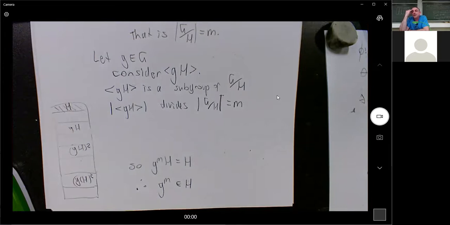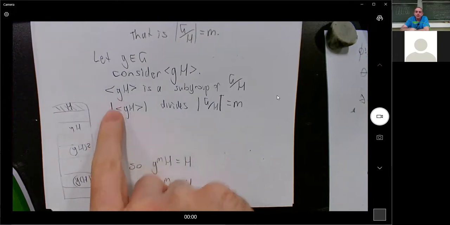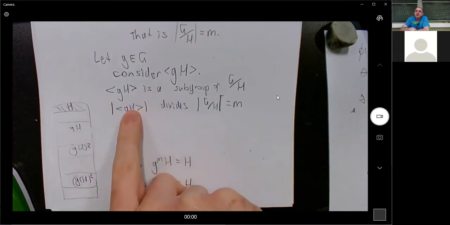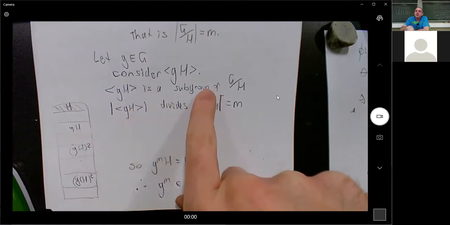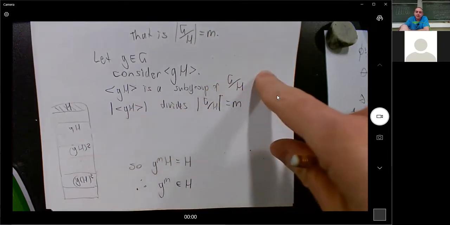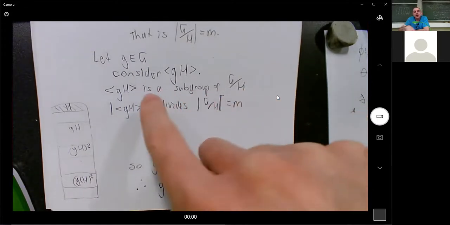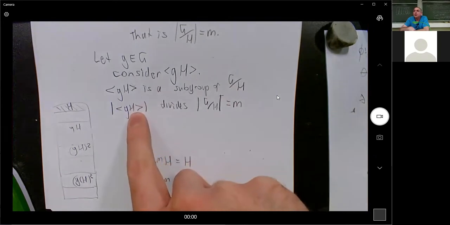I'm just guessing here, so I'm just making it up. Is this how you did it? So the cyclic group generated by gH divides capital G factored with little h. The size of it anyway is m. And the size of this is the order of gH.